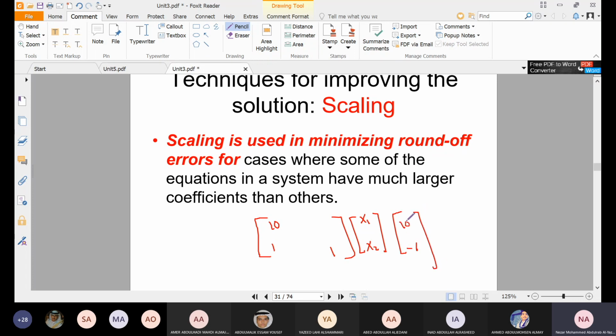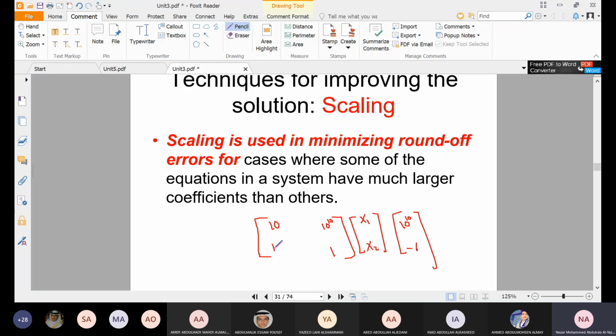Here, in this row, for example, this is power 10, and this here power 10. If we do partial pivoting here directly, because I have a 2 by 2 matrix, that means we need only one step for elimination.